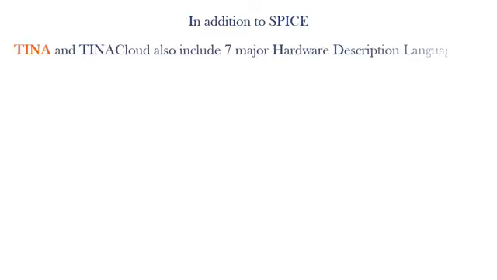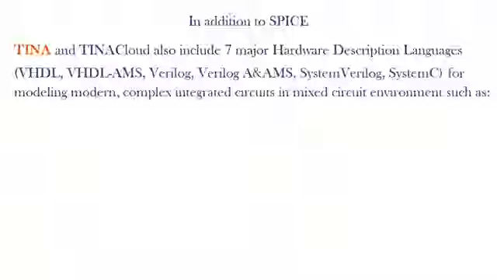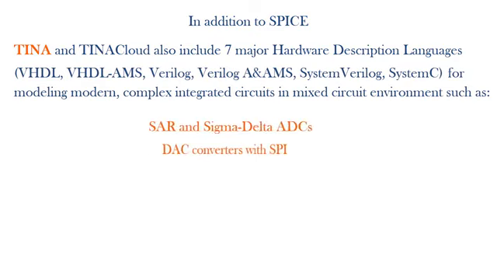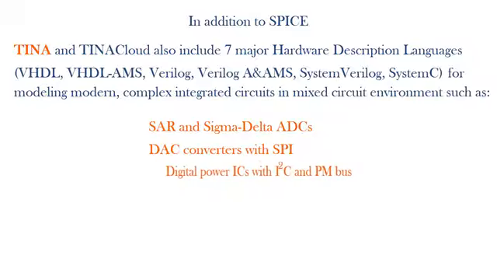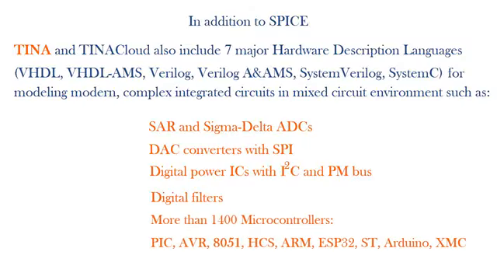In addition to SPICE, TINA and TINACloud also include 7 major hardware description languages: VHDL, VHDL-AMS, Verilog, Verilog-A and AMS, SystemVerilog, SystemC, for modeling modern, complex integrated circuits in mixed circuit environments such as SAR and Sigma Delta ADCs, DAC converters with SPI, digital power ICs with I2C and PMBus, digital filters, more than 1,400 microcontrollers, PIC, AVR, 8051, HCS, ARM, ESP32, ST, Arduino, XMC, and more.